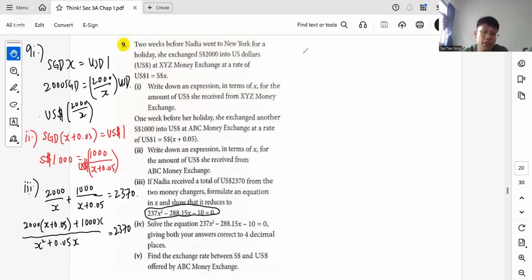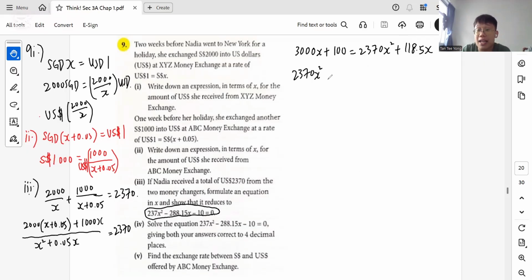I'm going to continue on the right. So expand out and cross multiply. So 3,000 X plus 100 equals 2,370 X square plus 118.5 X. Okay, so 2,370 X square.